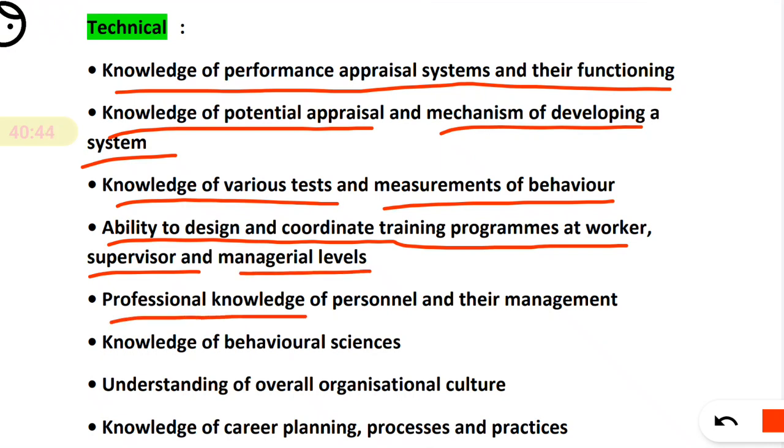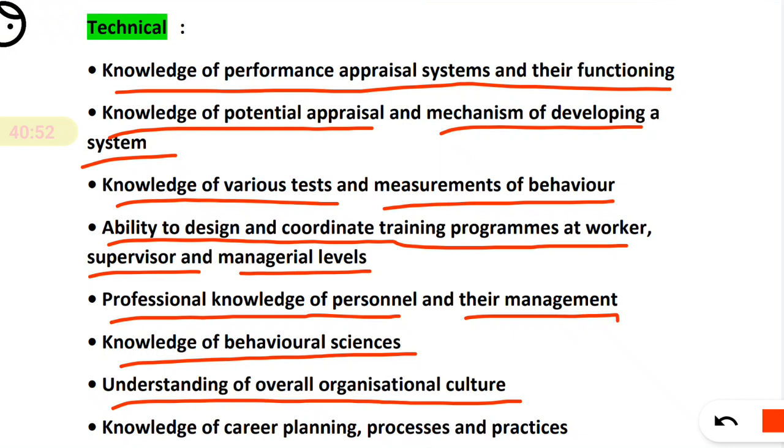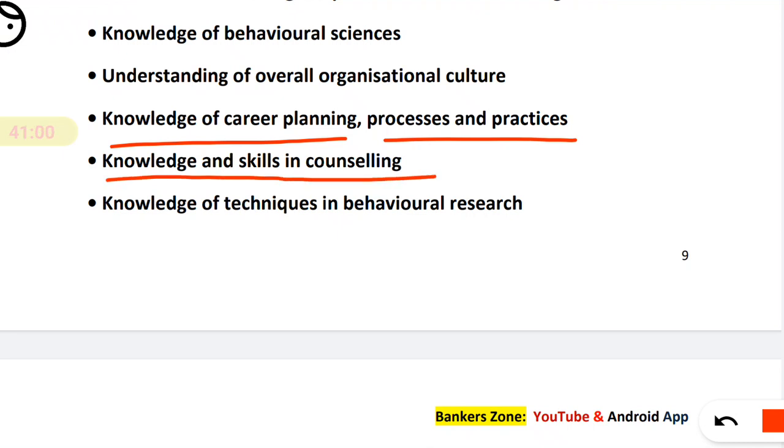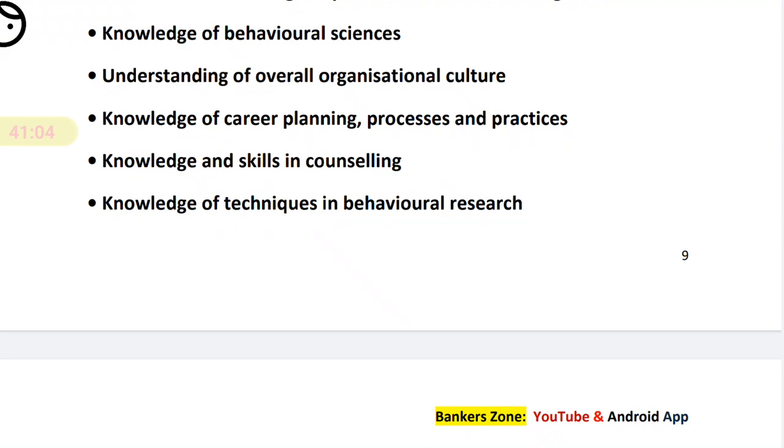Professional knowledge of personnel and their management. Knowledge of behavioral science. Understanding of overall organizational structure. Knowledge of career planning processes and practices. Knowledge and skills in counseling. Knowledge of techniques in behavioral research.